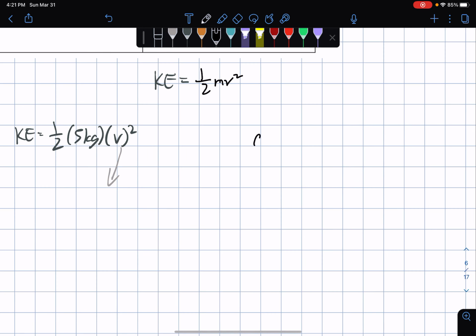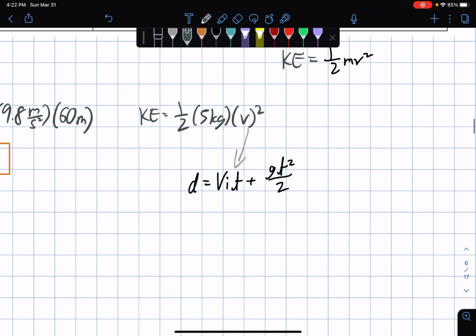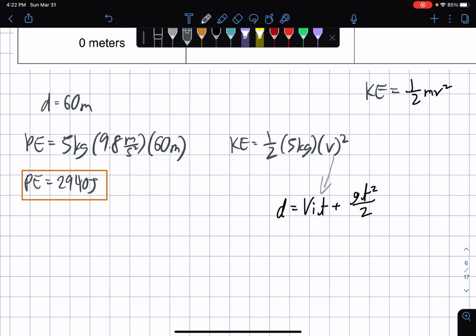One of them is this. D is equal to VIT plus GT raised to 2 over 2. In fact, that's what we're going to use. So what is the distance that we have? 60, right? So yeah, I don't think we're gonna use what I just said a few minutes ago.